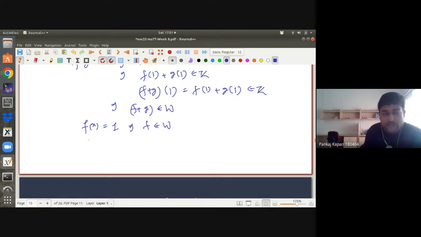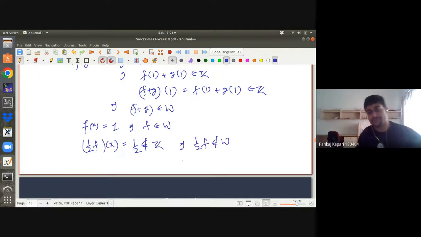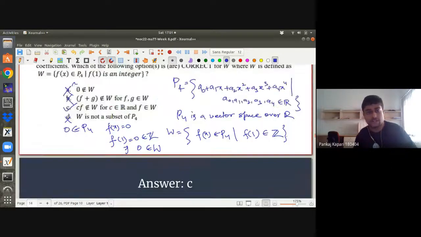But if you multiply it by some scalar which is not an integer, say half, then the function at x gives half. This half does not belong to Z, it is not an integer, and that implies that half of this polynomial does not belong to W. Therefore option C is correct.